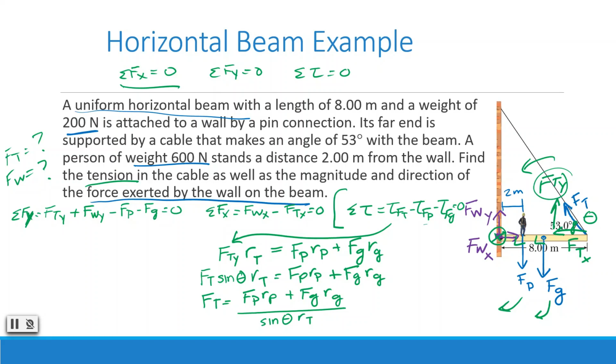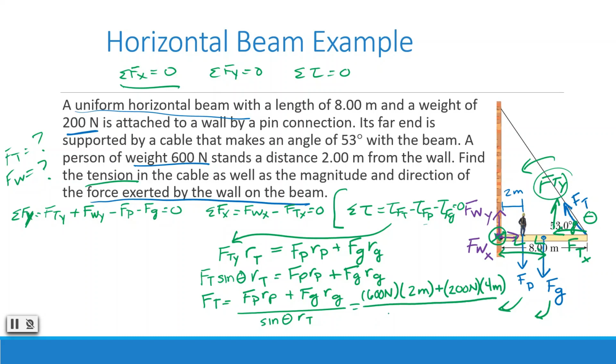So the force of the person is their weight. The person weighs 600 newtons. The person's located 2 meters from that axis. The gravitational force is the weight of the beam, which is 200 newtons. And the force of the beam is in the middle, so that's going to be at 4 meters.